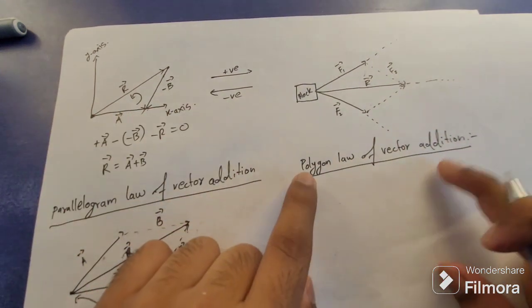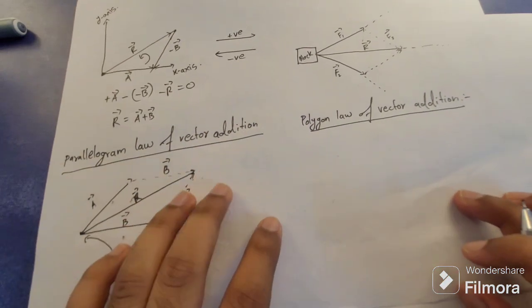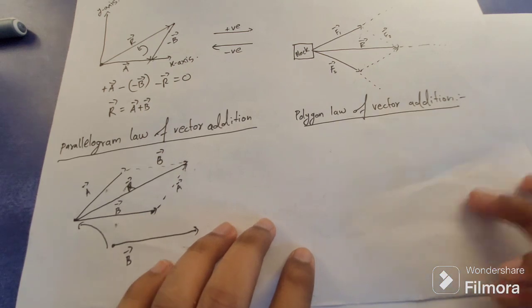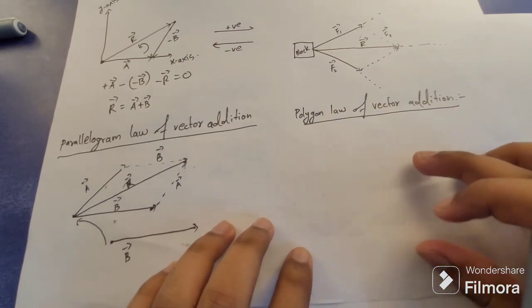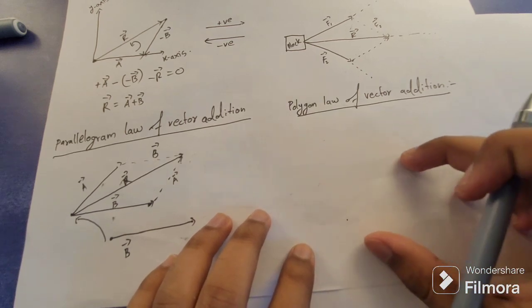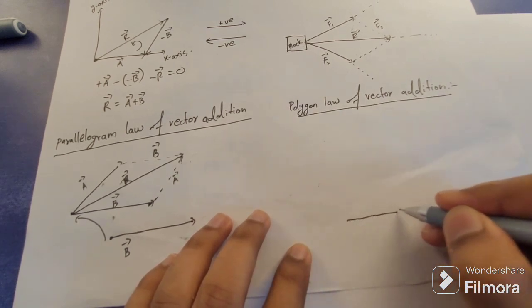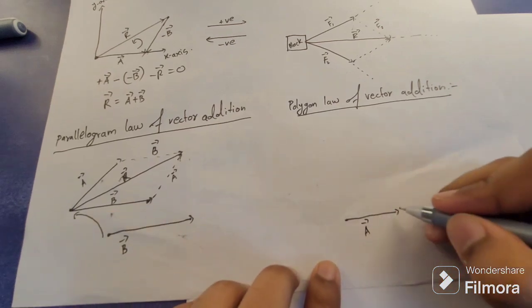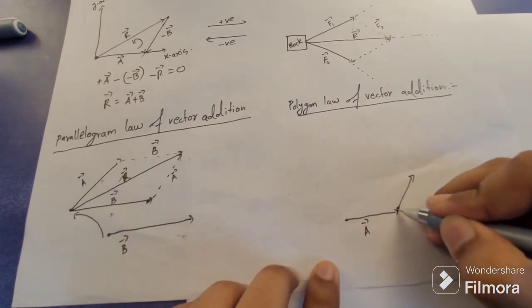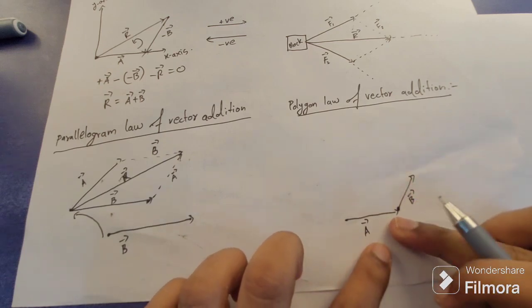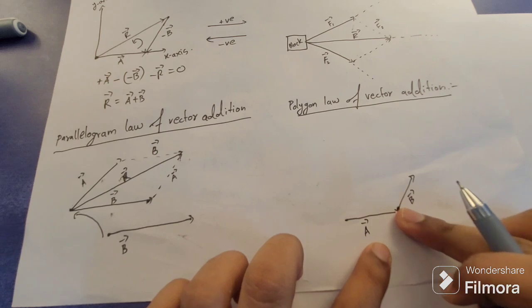Now let us see what this law says. I'll explain this by taking a representation again. Let us say I have a system of vectors. Suppose this is a vector, and let us say I have another vector, b vector, and the head of a vector coincides with the tail of b vector.